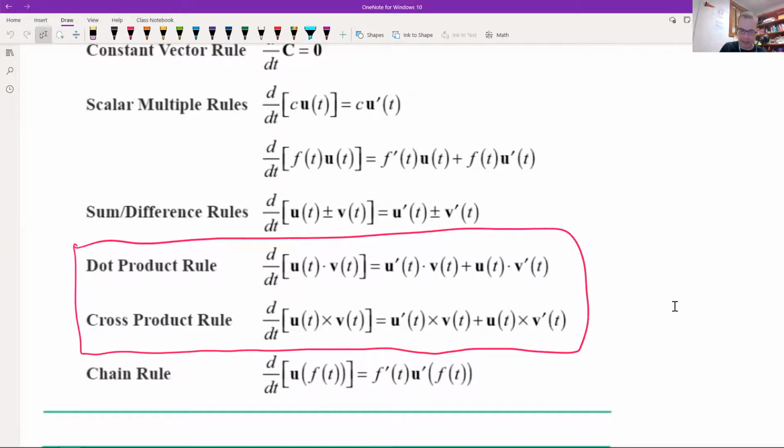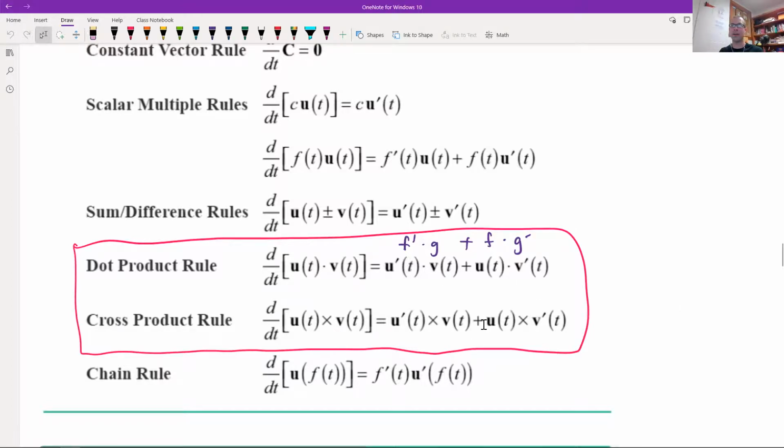What you'd be familiar with back in Calc 1 would be something like f prime times g plus f times g prime for 2 functions f and g that you were multiplying together.